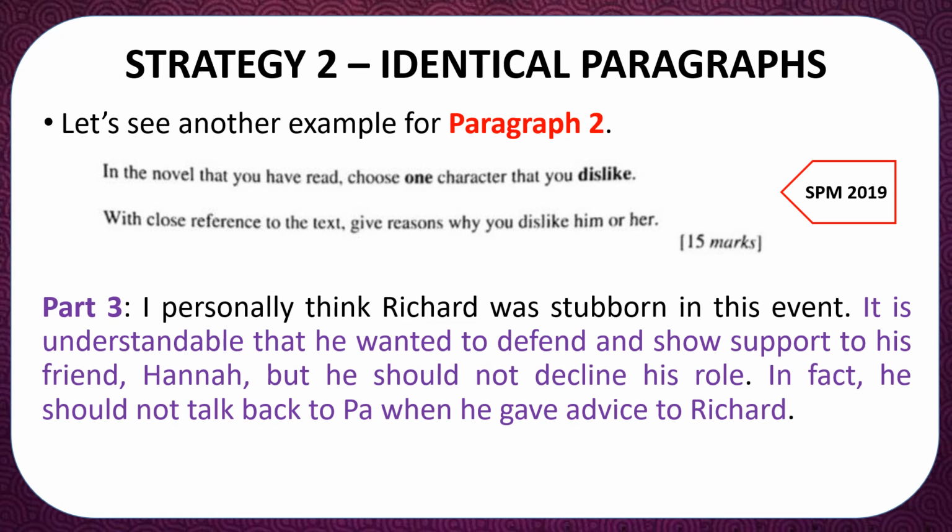So yes, you may want to defend your friend, you like your friend, you want to give support to your friend, but you should not be rude to your father, right? So Richard was too stubborn that he actually talked back to Pa. This is not something positive, so this is something that you can dislike Richard for doing.